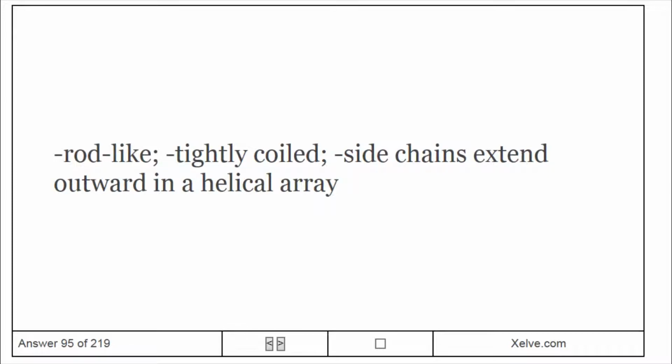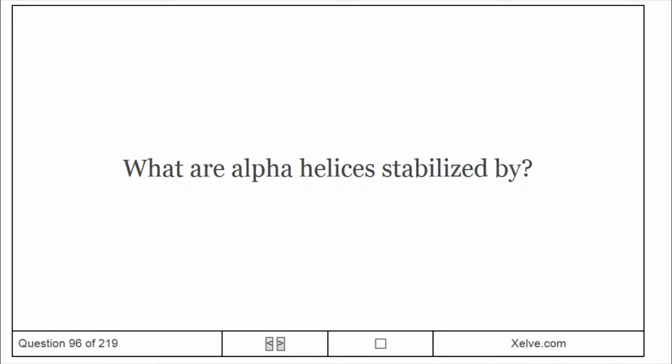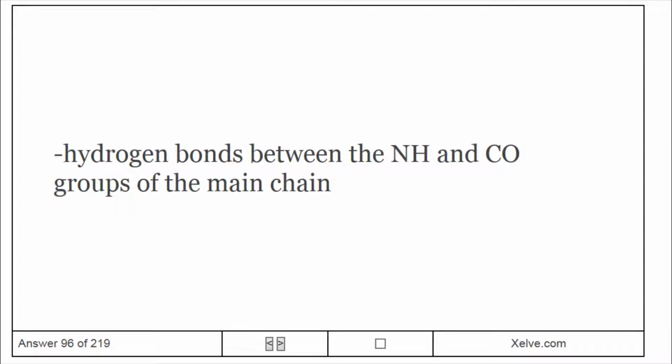Describe an alpha helix. Rod-like, tightly coiled, side chains extend outward in a helical array. What are alpha helices stabilized by? Hydrogen bonds between the NH and CO groups of the main chain.